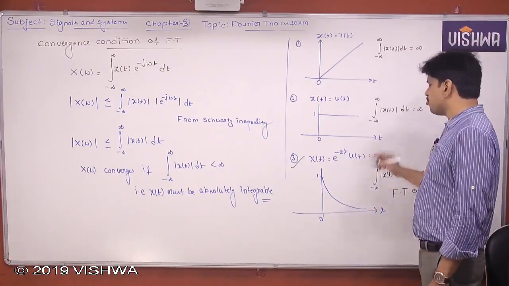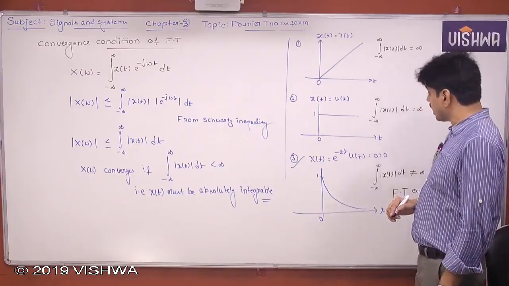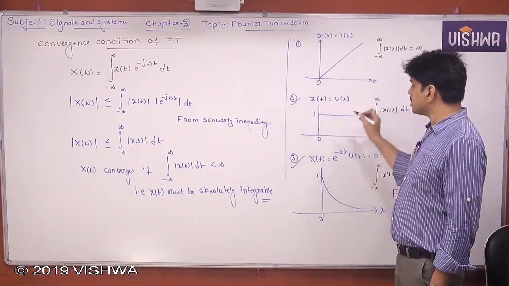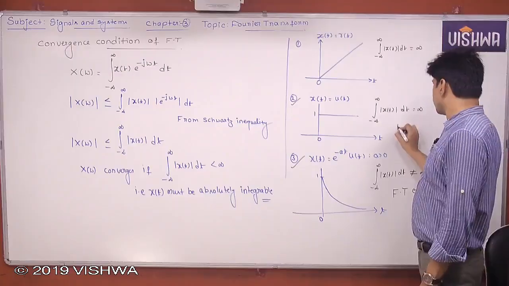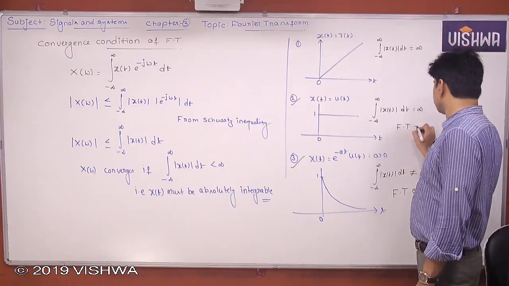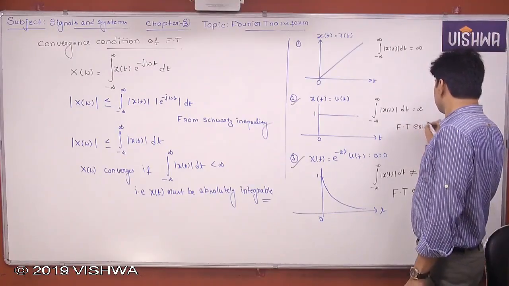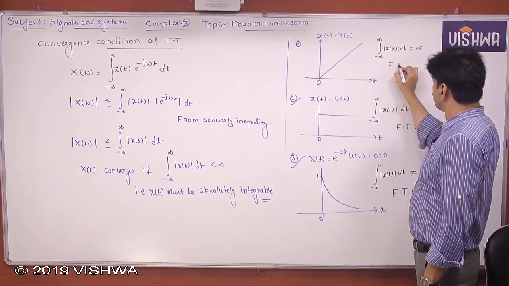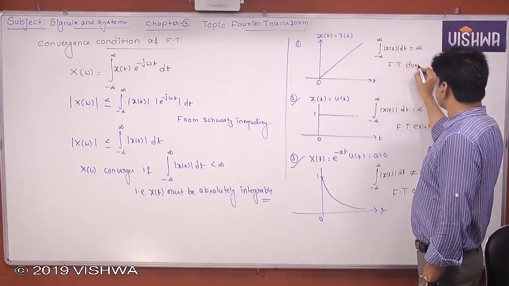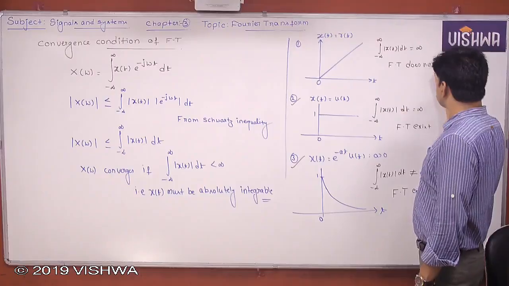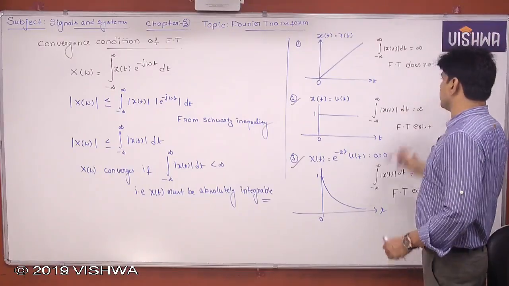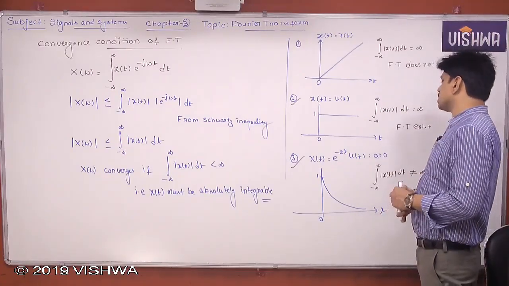For this signal? Yes, it is also true, because it is a bounded signal. So the Fourier transform exists here also. Here, does the Fourier transform exist? No, the Fourier transform does not exist.